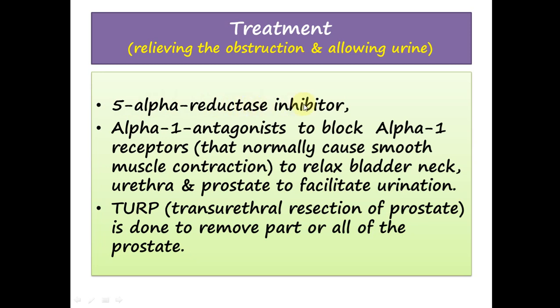As I mentioned, 5-alpha reductase is the enzyme which converts testosterone into dihydrotestosterone, which is 10 times more potent than testosterone in causing proliferation and growth of the prostate cells. So by inhibiting the activity of these enzymes, we inhibit the conversion of testosterone into dihydrotestosterone, and it may help us in causing shrinkage of the prostate gland.